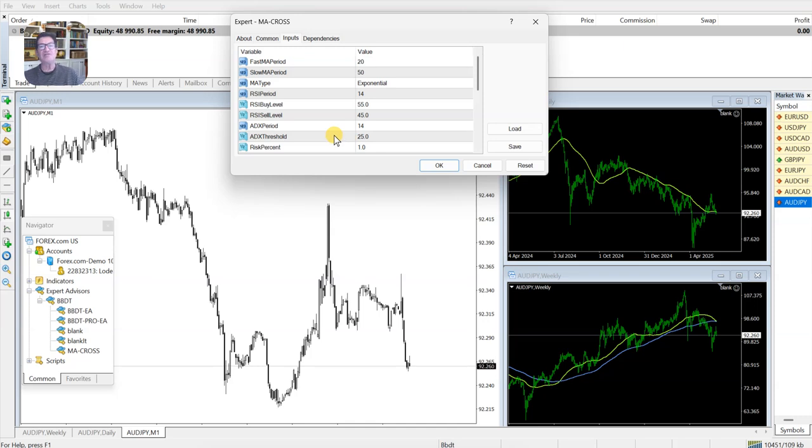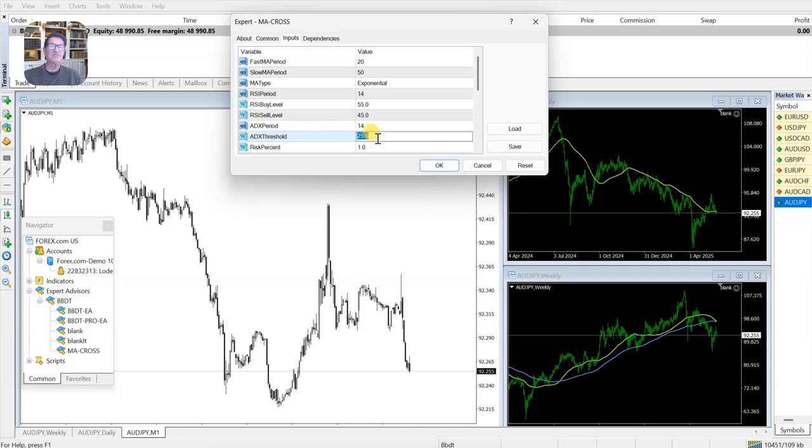This is based on overall market acceptance that 25 seems to be a good level for the indicator to tell us whether we have a strong trend, a weak trend, a very strong trend, a really weak trend, and so forth. You can change this. You click on it and set it.